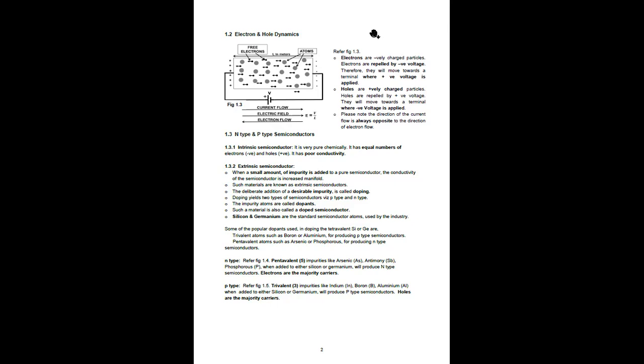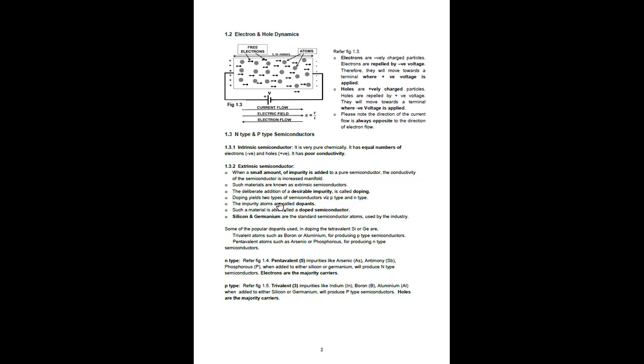Some of the popular dopants used in doping are the trivalent ones, that is boron, aluminum, etc. Means the third group elements are trivalent, and by introducing these atoms, we can get the P type extrinsic semiconductor material.